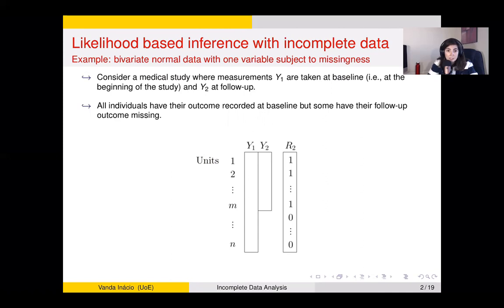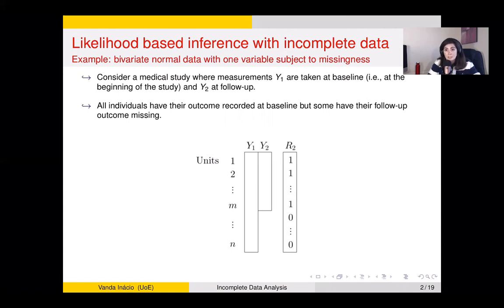To think of a concrete example, let us suppose that we are in a medical study, and Y1 represents measurements of some outcome of interest at baseline, at the beginning of the study, and then Y2 represents the outcomes measured at some follow-up time.